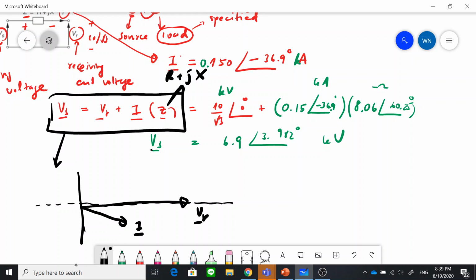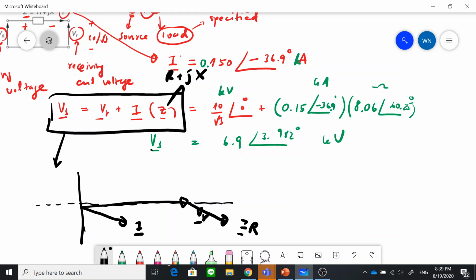When you multiply I with the real part, you never change the axis. The angle will be I times R, because you have the I here and you multiply by R. You will get a vector parallel to this. This is I times R.